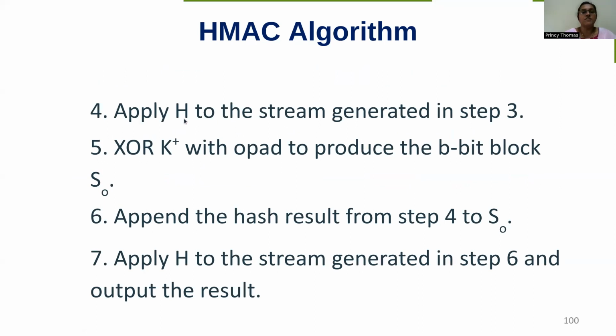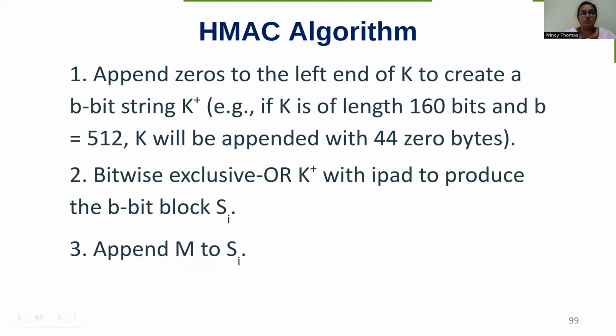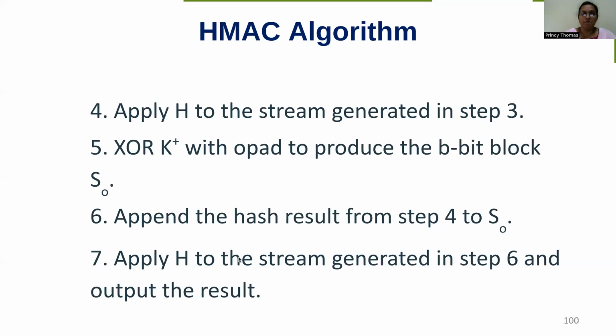Then you apply the hash function to the message appended with Si, so we get a hash of the output of step 3 and 4. After that, XOR K plus with oPad to produce a B-bit block So. Earlier it was Si, now it is So.